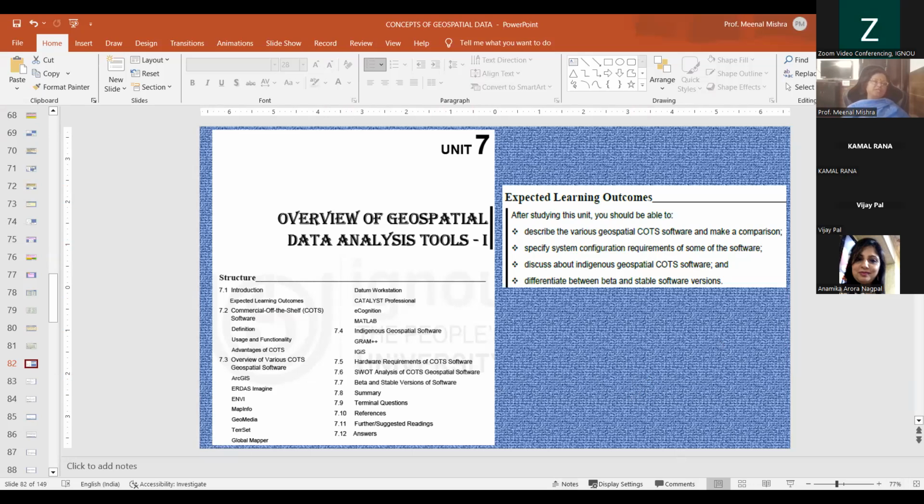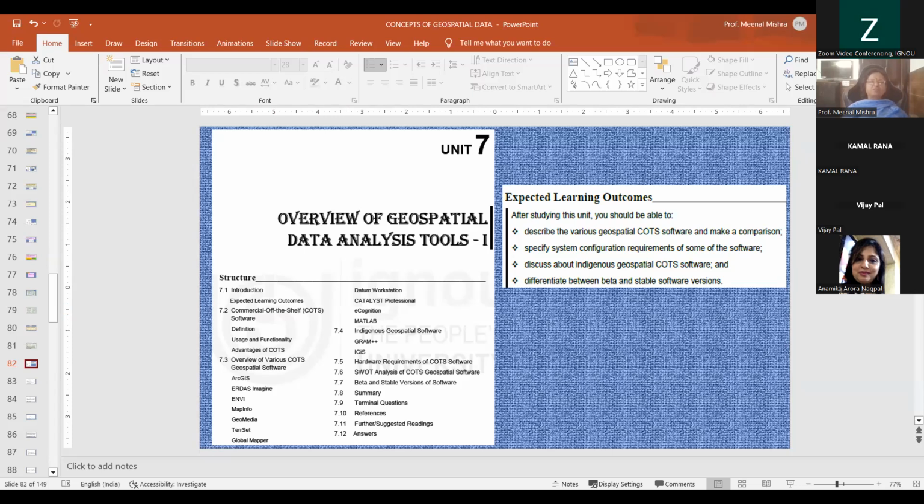Part 1 deals with commercial off-the-shelf software, that is COTS. And part 2 deals with FOSS, free open source software, that is known as FOSS. So part 1 is commercial off-the-shelf.